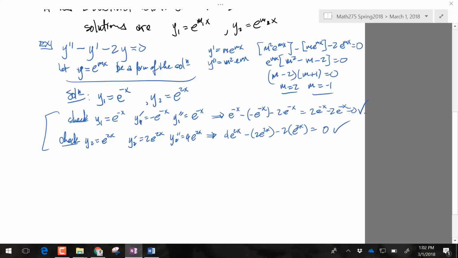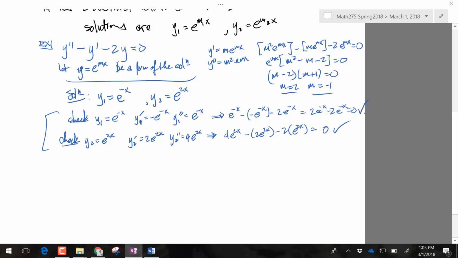So that works. So those two functions work for us, and we know that if we have a solution to a differential equation, then the solution is unique, and we know that it exists because we found it.